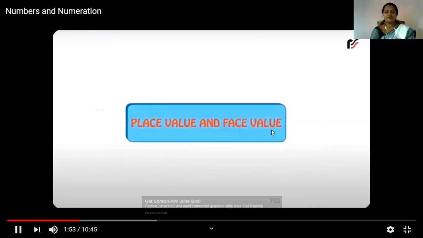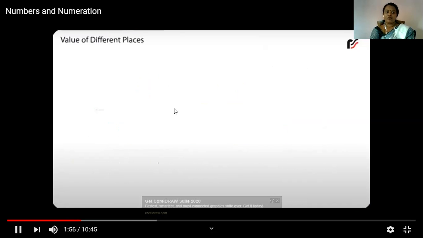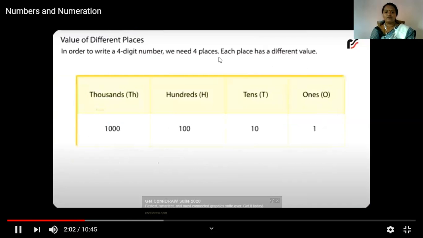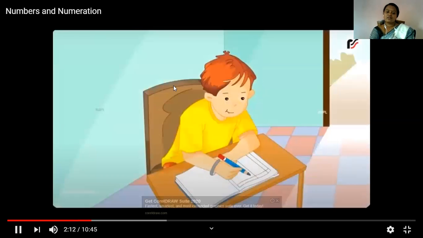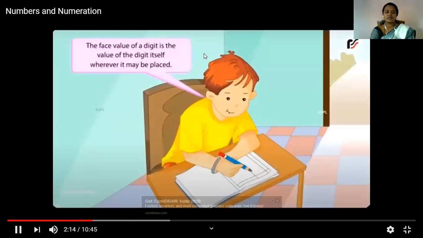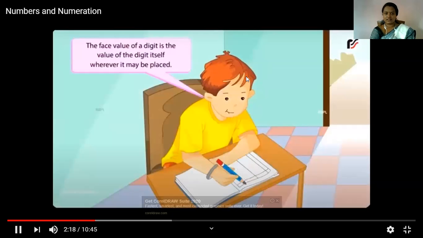Place value and face value. Value of different places. Let us see how we need to have the 4 places. Each place has a different value. Thousands, hundreds, tens and ones. See, face value of the digit is the value of the digit itself wherever it may be placed.